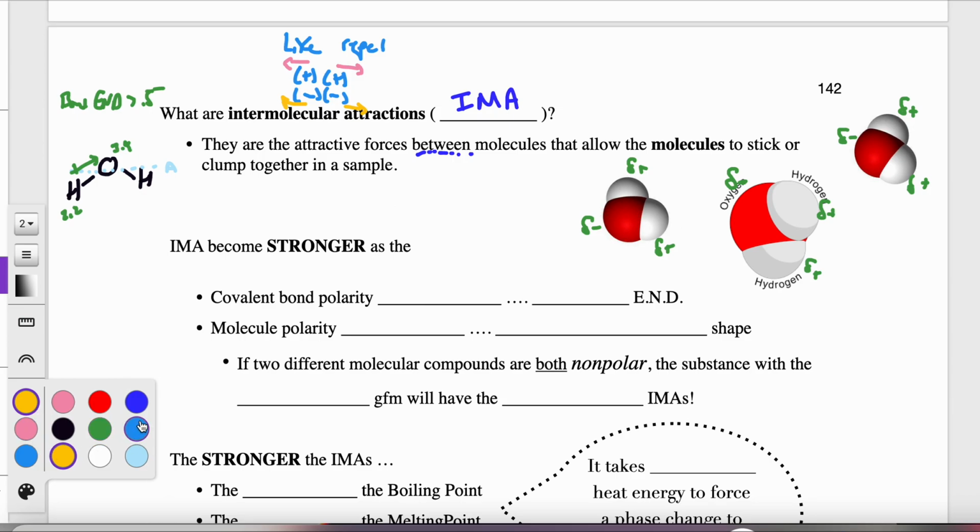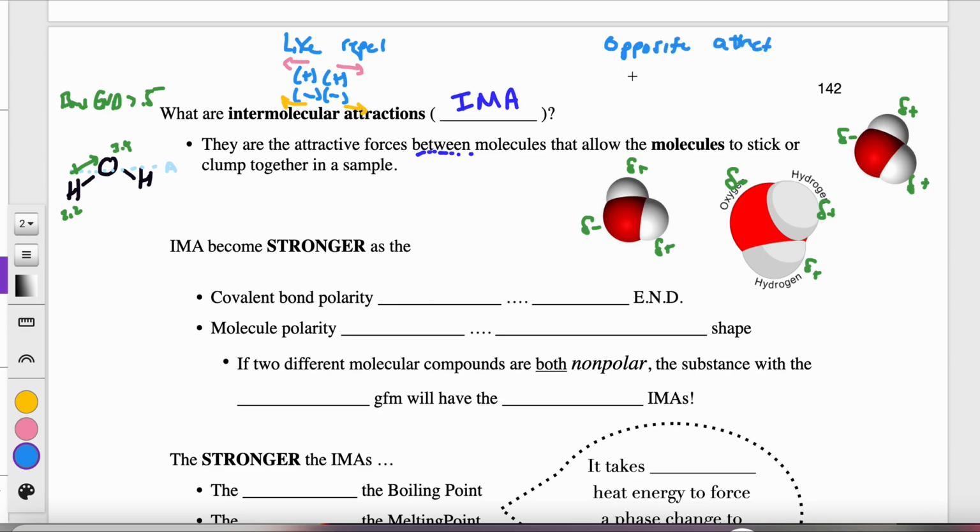But opposite charges attract. When you have something positively charged and something else negatively charged, instead of repelling, they pull towards each other in an attraction.